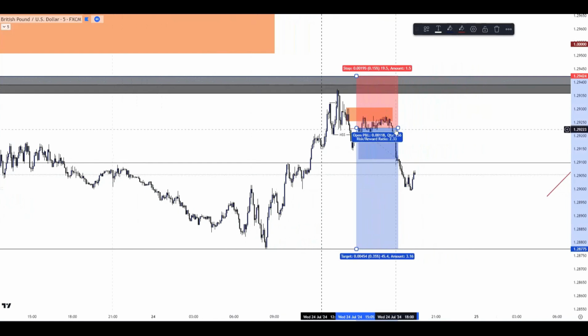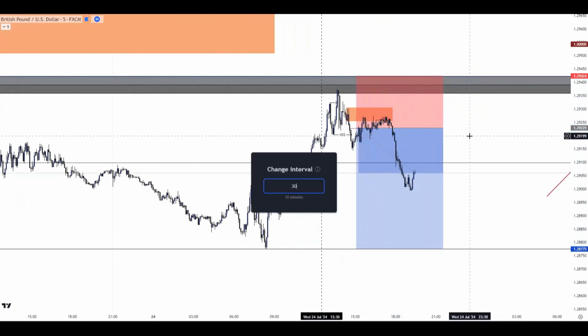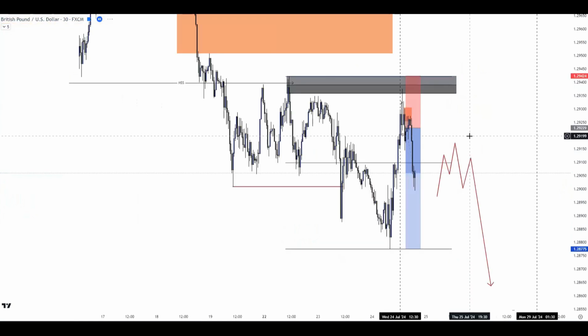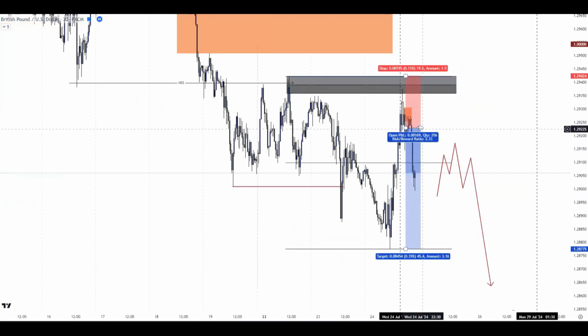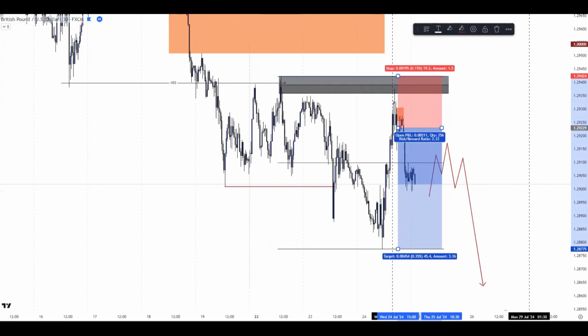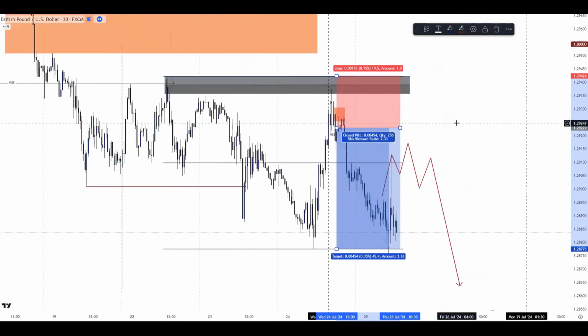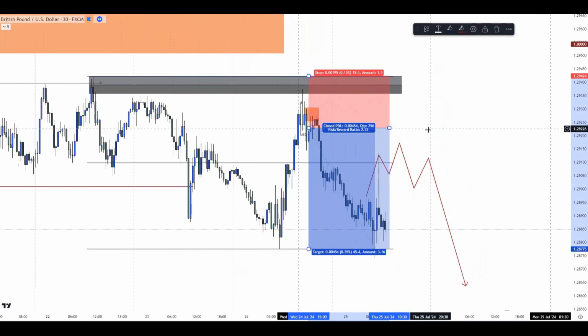Here we see price coming all the way down, tapping in, a very nice movement. So let's use that to target our swing levels. This was a very clear and nice entry.